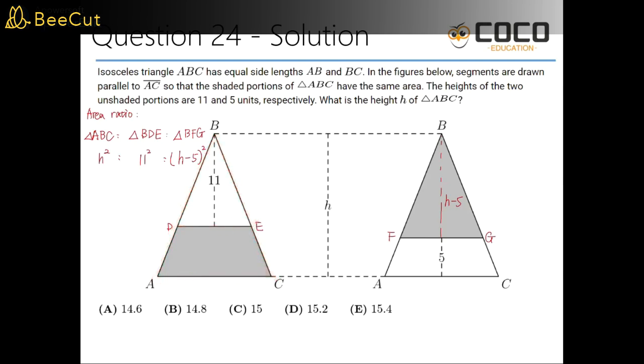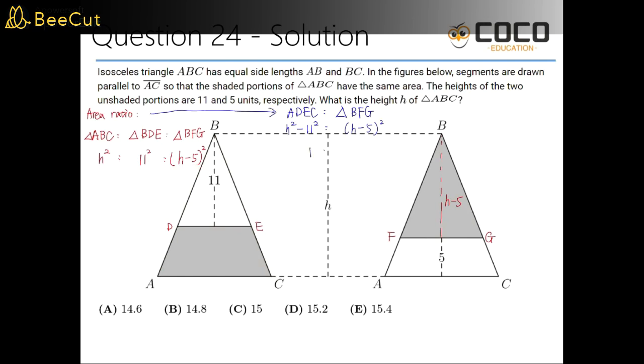So we can find that for this shaded region, the area ratio will be, okay, so we compare this one, this A, D, E, C to the triangle BFG. ADEC will be the total h square minus 11 square. Triangle BFG is h minus 5 bracket square. Okay, so take note, this is not the actual area, this is only the area ratio.